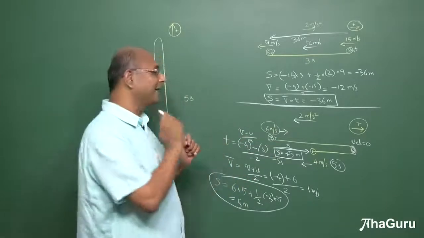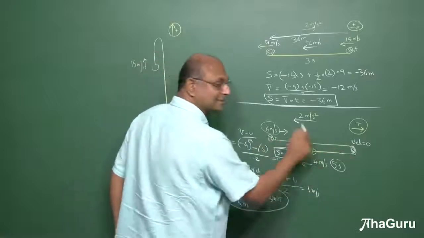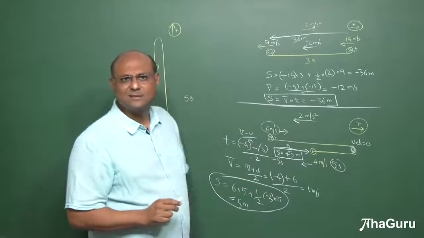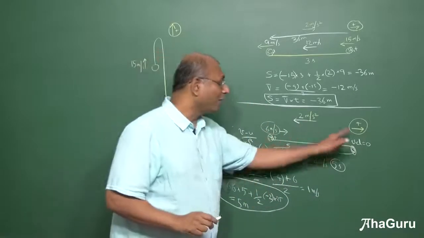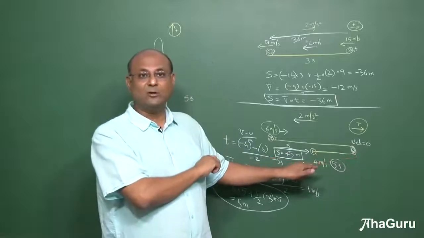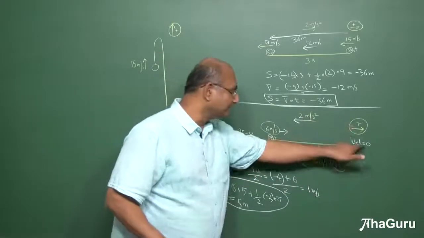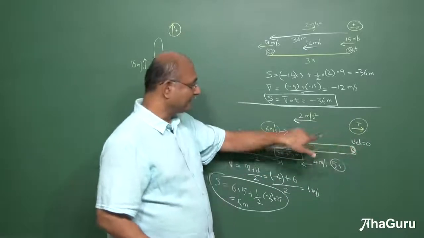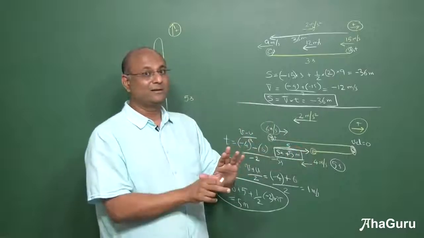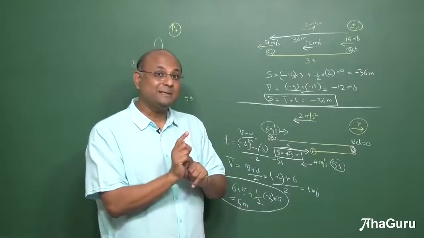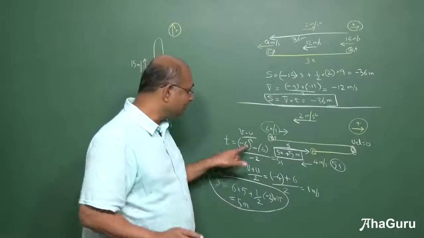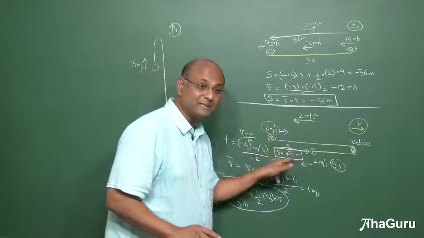What we did not get is this distance. How will you calculate the distance? Suppose somebody says, what was the distance traveled by the object? You will have to calculate this distance, then calculate this distance, and then add. Which is easier, displacement or distance? In one shot we get the answer for displacement.